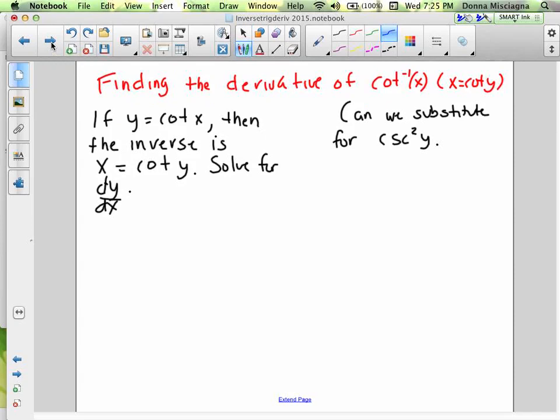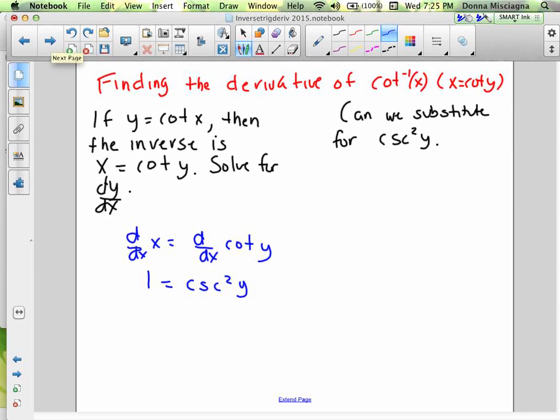Solve for dy dx. So we want to take the derivative with respect to x of x equals cotangent y. Derivative of x with respect to x is 1. Derivative of cotangent y with respect to x, derivative of cotangent is going to be cosecant squared y.